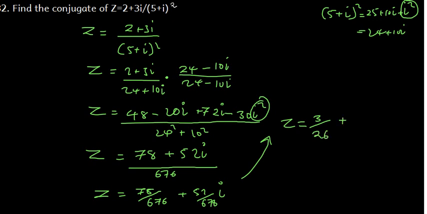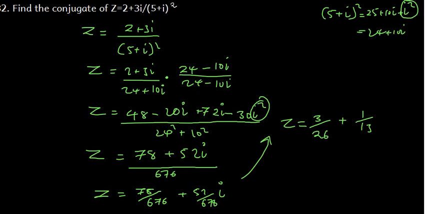And then we've got 52 into 676, so 13, so that will be 1 over 13 i. 52 can go into itself once, 52 into there 13 times.